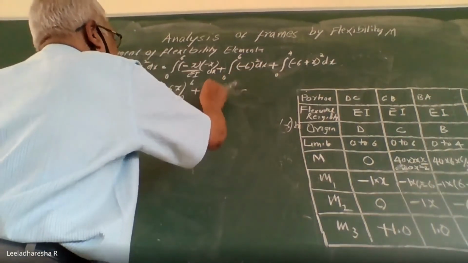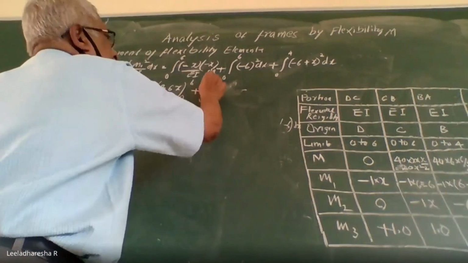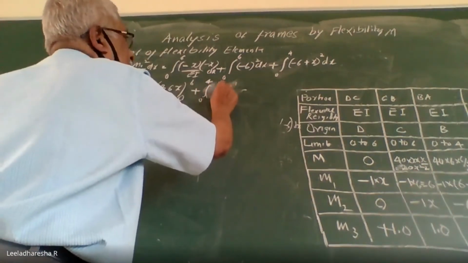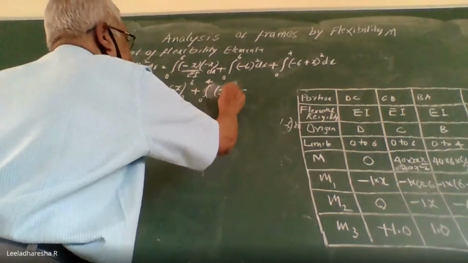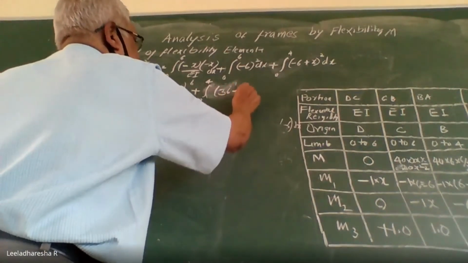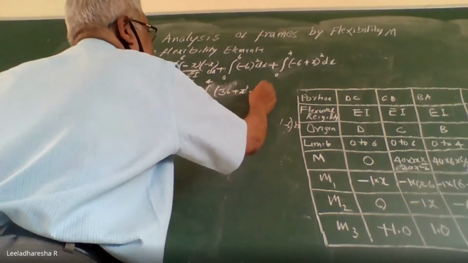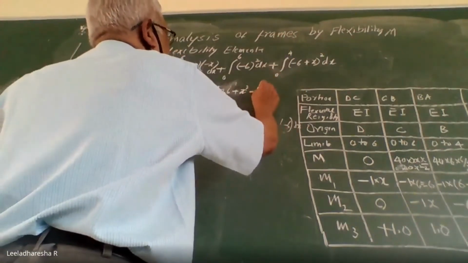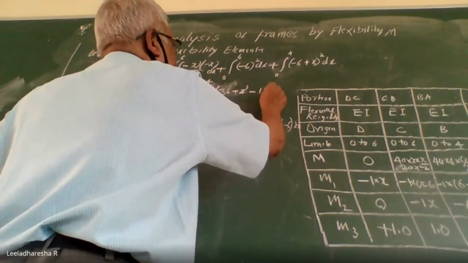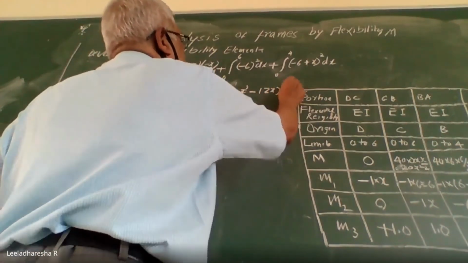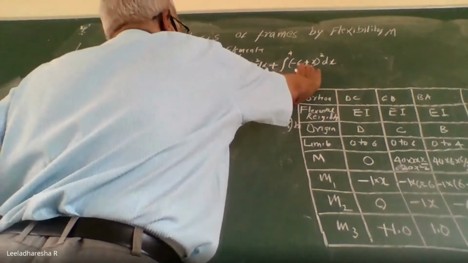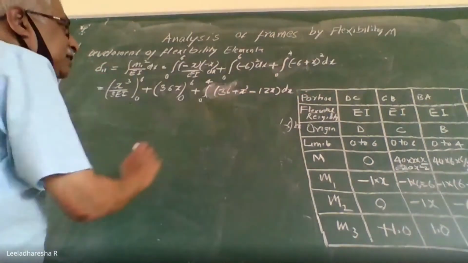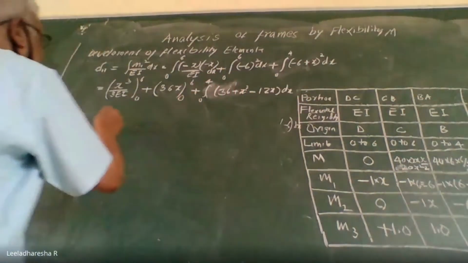I'll expand 0 to 4: 6 square is 36, plus x square, minus 2 into 6x, 2 into 6 is 12x, into dx. See, the expanded format, you write it and then go for integration.